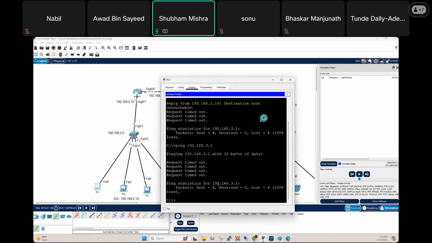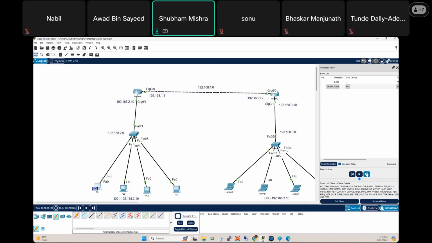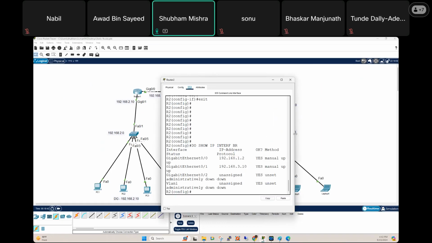In the command prompt, let me show you: the packet reaches the switch, the router forwards it, it reaches router 2, router 2 forwards it, laptop 1 sends the reply, the reply reaches here, and the packet is dropped. Understand? Yes or no? So on router number 2, what do you need to do?